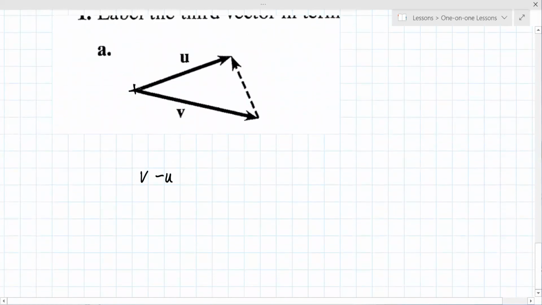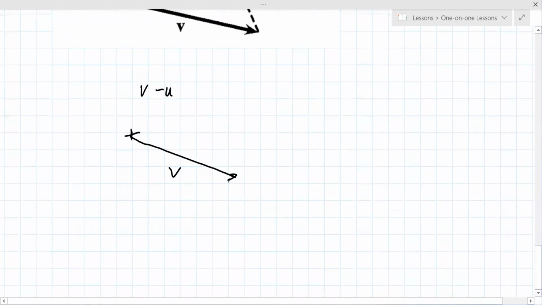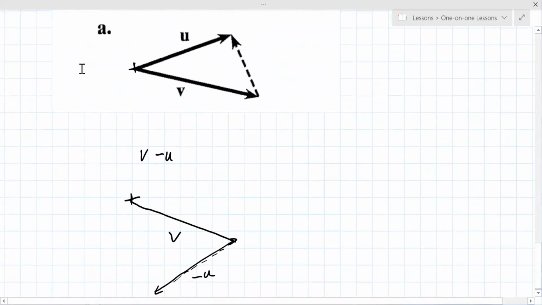V means I'm going down and to the right. Minus U: U normally goes up and to the right, so minus U is going to go down and to the left. See how the arrow changes the direction? Now our resultant is going down. Is that the direction this goes? No, it goes up. So this isn't right, but it's sort of right.